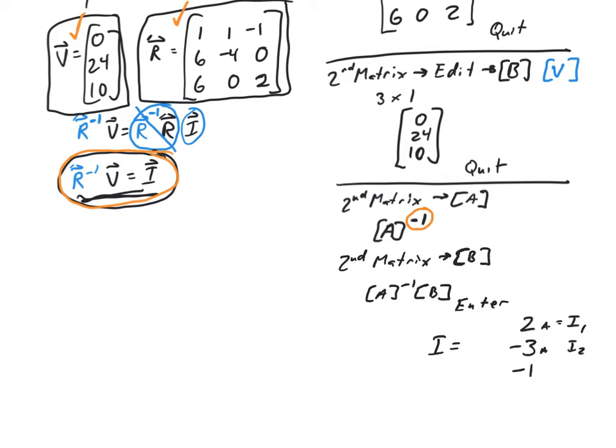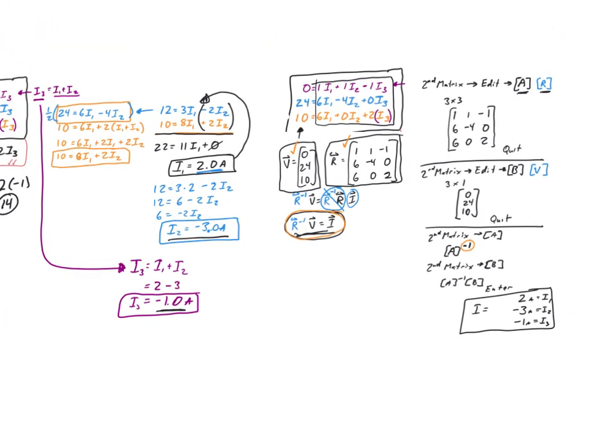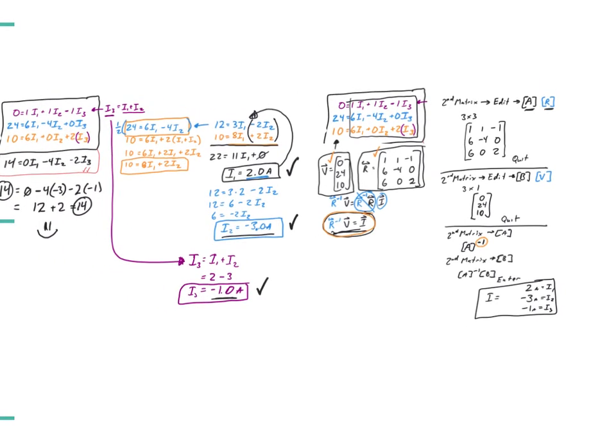Current 2 is equal to -3 amps. And current 3 is equal to -1 amps. Exactly what was calculated over here. 2, -3, -1. Done. That's our technique.